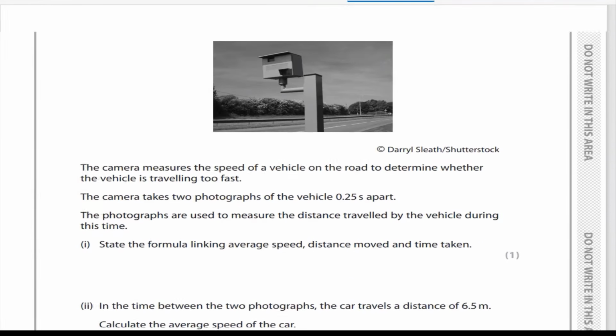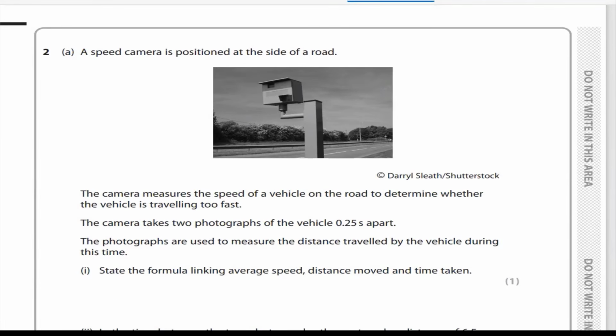Question number 2. A speed camera is positioned at the side of a road. The camera measures the speed of a vehicle on the road to determine whether the vehicle is traveling too fast.